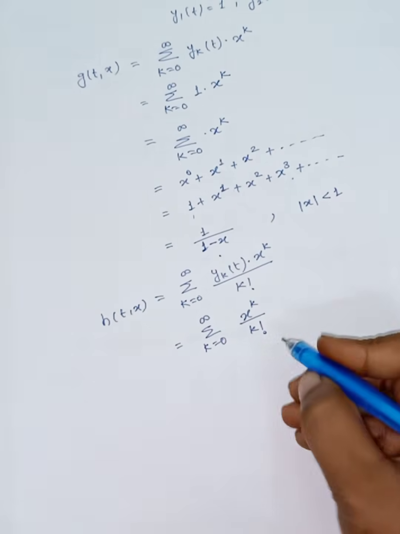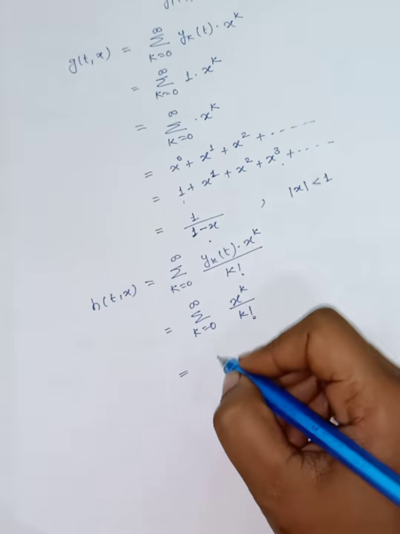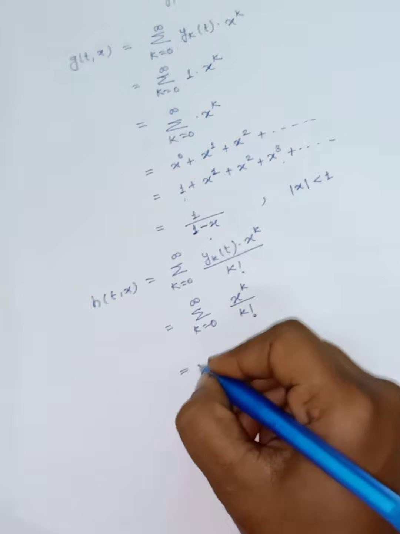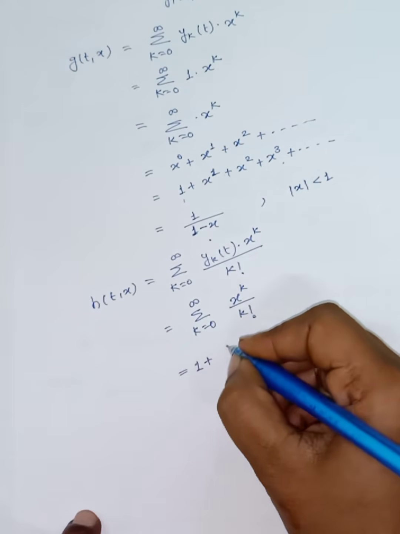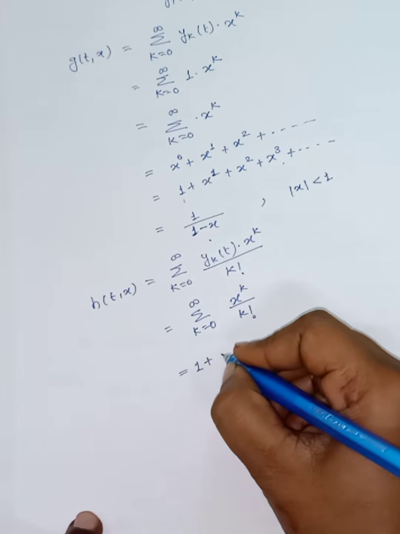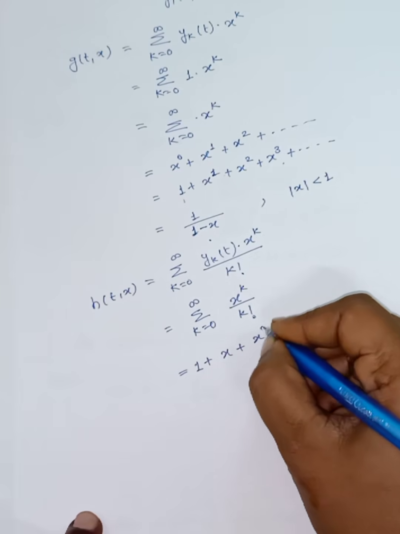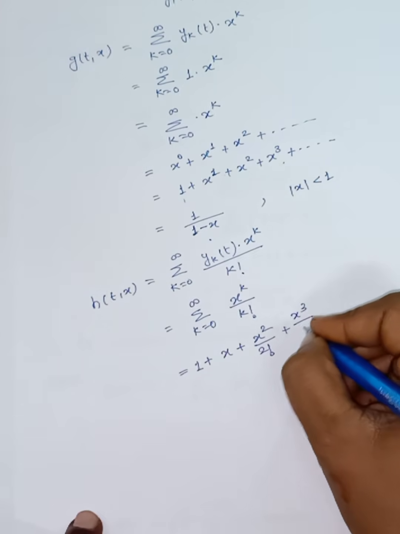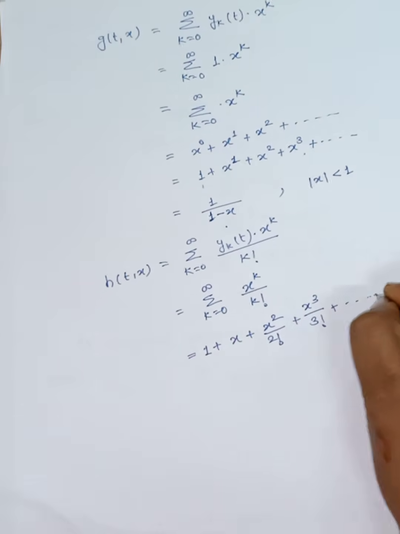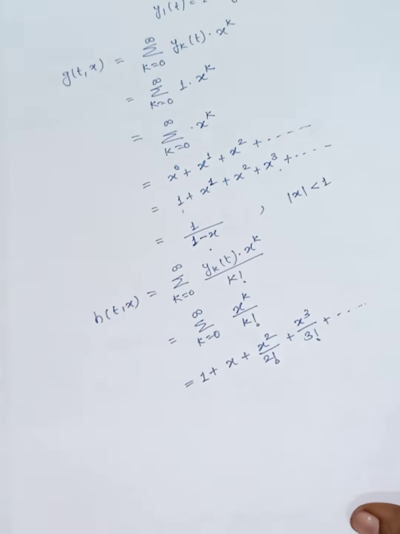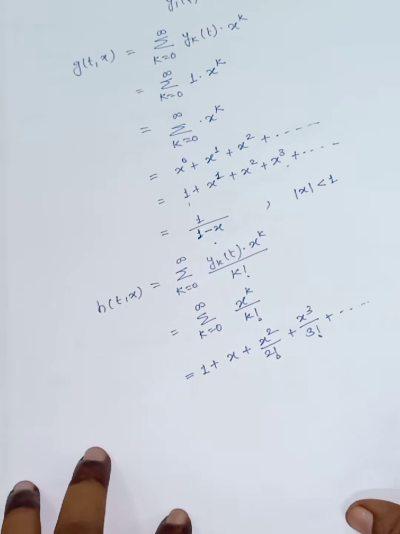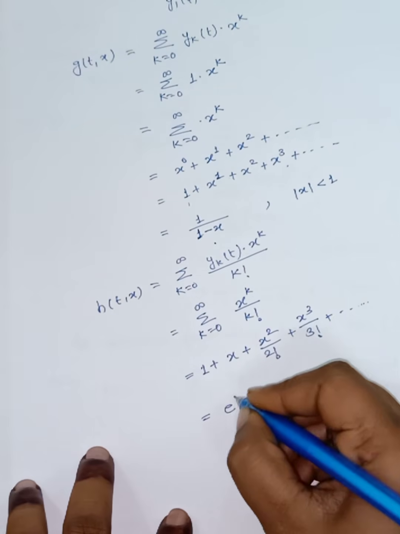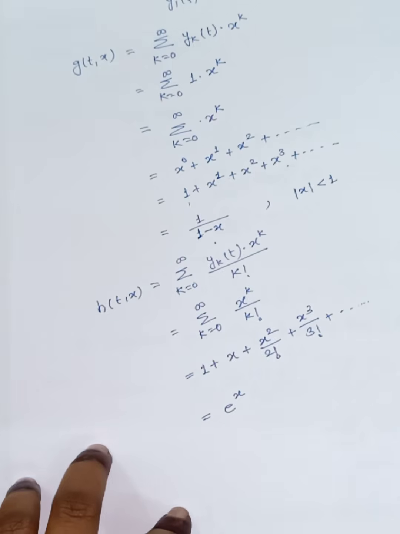Okay, and if we put k equals to 0, 1, 2, 3 and so on, we get 1, then x to the power 1 by 1 factorial, that is x, plus x square by 2 factorial, then x cube by 3 factorial plus so on. Okay, and what is the series for this? It can be written as e to the power x, correct?